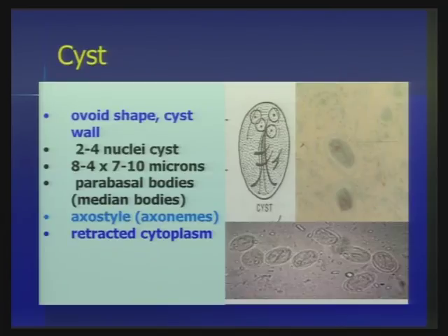And the retracted cytoplasm means, take a look here, you can see the space here, so you can see the retraction. It means that the trophozoite retracts itself, หดตัว, so you can see a small hollow area in the cyst. Very easy and simple.